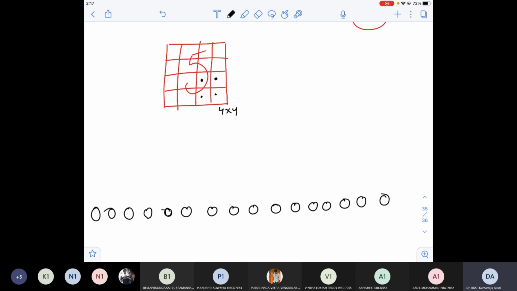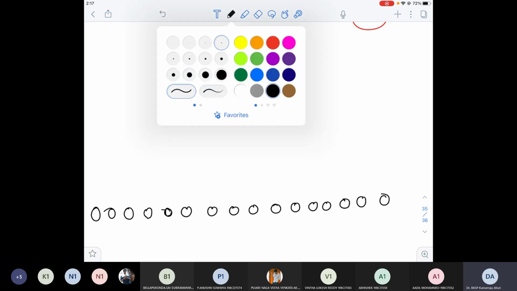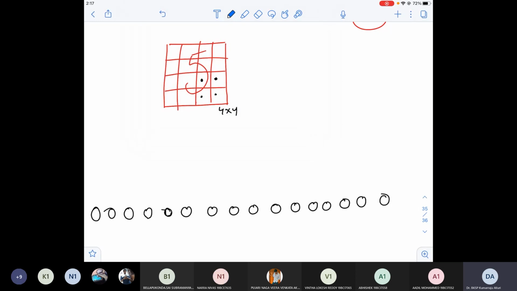Now I have to represent these. These are part of my last convolution operation, because I start my convolution operation from here, then I start here, then I start here. The one you see here is the last convolution operation. Assume that my filter size is 2 by 2.